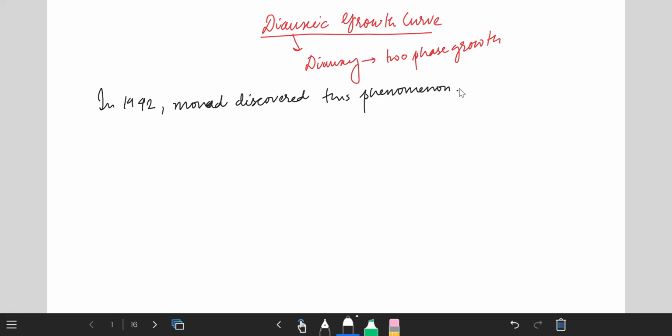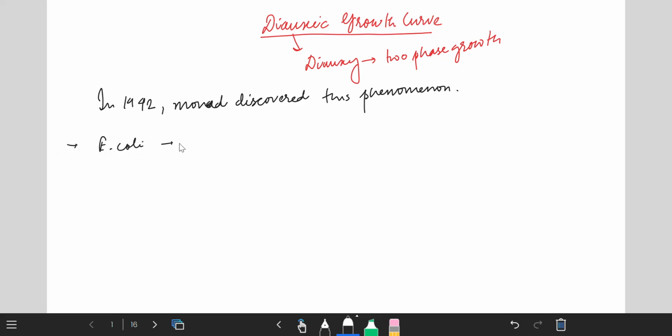What happens in this Diauxic growth curve? Actually, Diauxic growth is a diphasic growth which is represented by two growth curves intervened by a short lag phase, produced by an organism utilizing two different substrates, one of which is glucose, and it is mainly seen in E. coli.